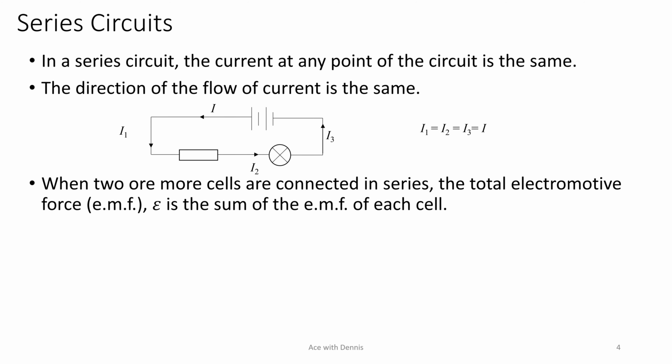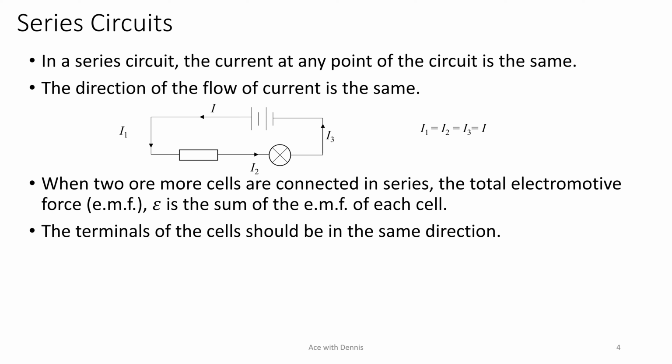When two or more cells are connected in series, the total electromotive force, EMF, is the sum of the EMF of each cell. The terminals of the cells should be in the same direction. So for this diagram, these two cells are connected in the same direction.